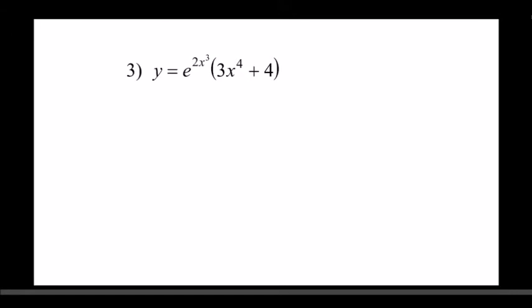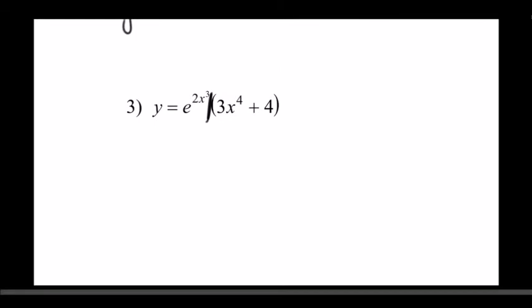If we think about splitting the function right in the middle, the product rule is f prime g plus g prime f, so this could be our f function, and that could be our g function. Then y prime, if we follow the product rule, would be f prime times g plus g prime times f.